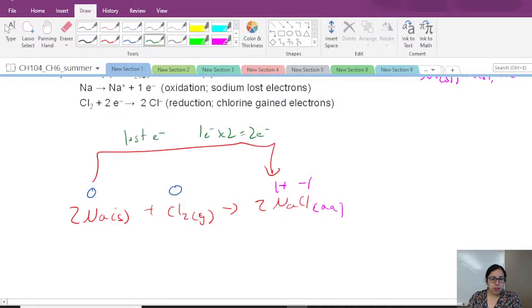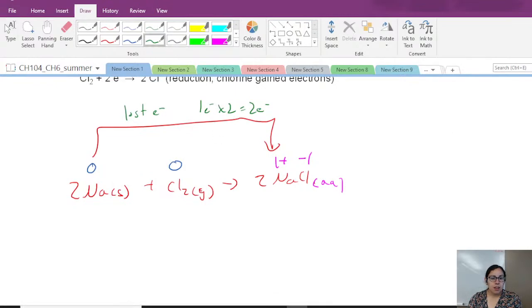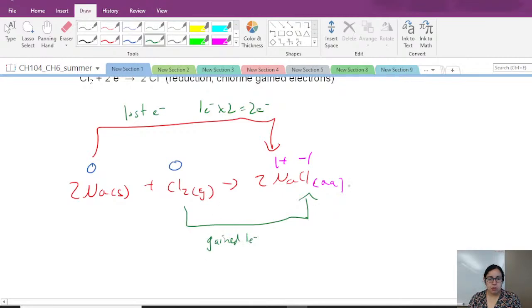It's a 1-electron change, but then it's 2 equivalents from our balanced equation, because now balancing comes into play, because we have to make sure our electrons are balanced. We need 2 electrons coming and 2 receiving. So now we went from 0 to -1, so we gained at least 1 electron times 2, because there are 2 chlorines, so 2 electrons now.